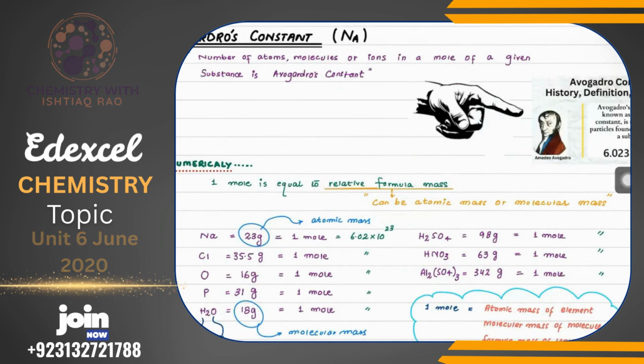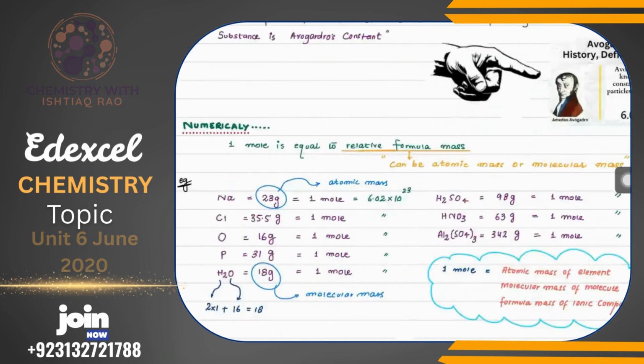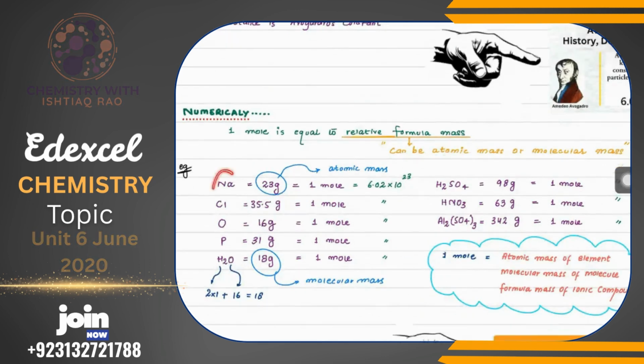What is this? Basically, I have to take this from the periodic table. Let's say sodium, chlorine, oxygen, phosphorus, water, sulfuric acid, nitric acid, aluminium sulfate. Sodium has a mass of 23.